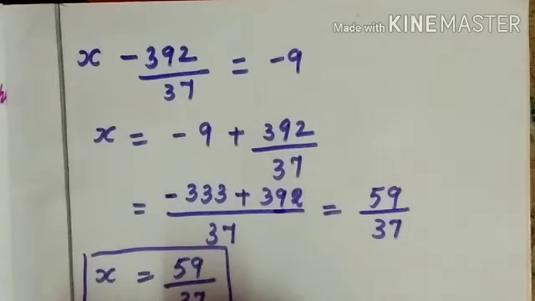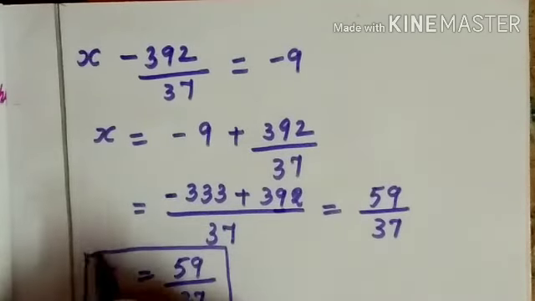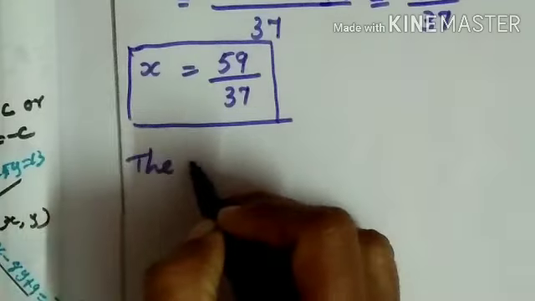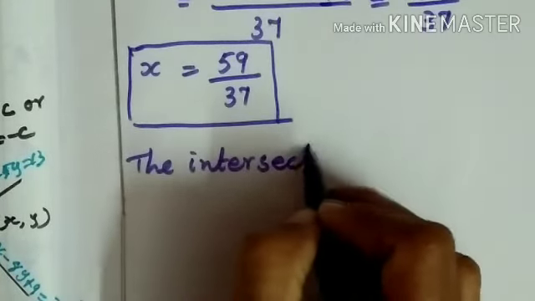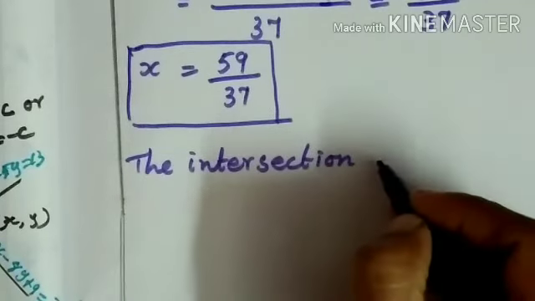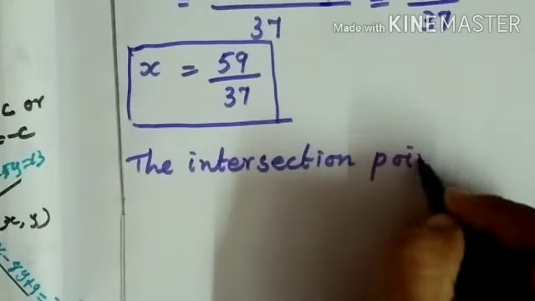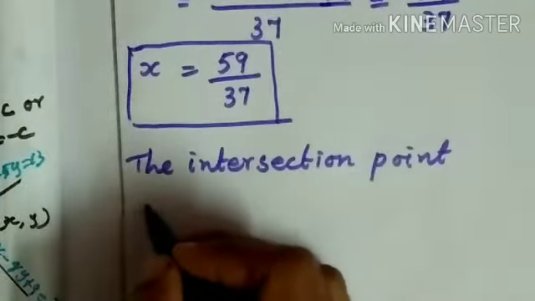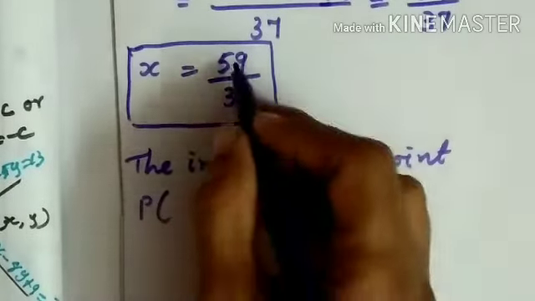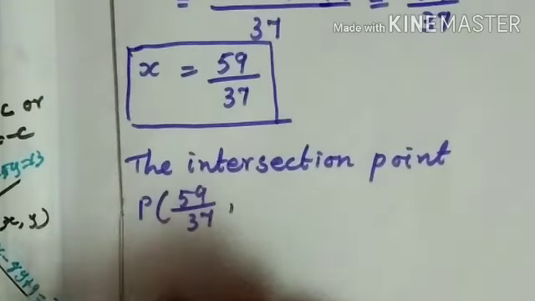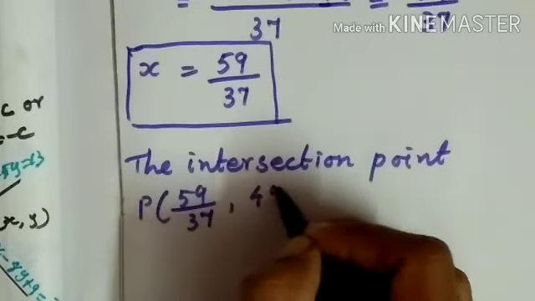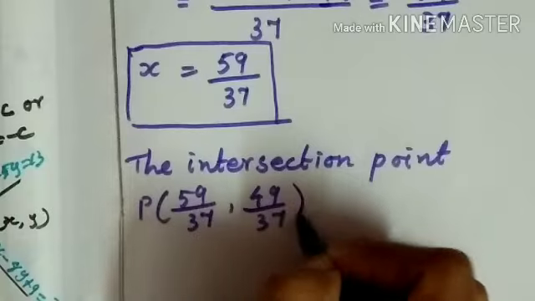Now the intersection point P is 59 by 37 as x point, then 49 by 37 as y point.